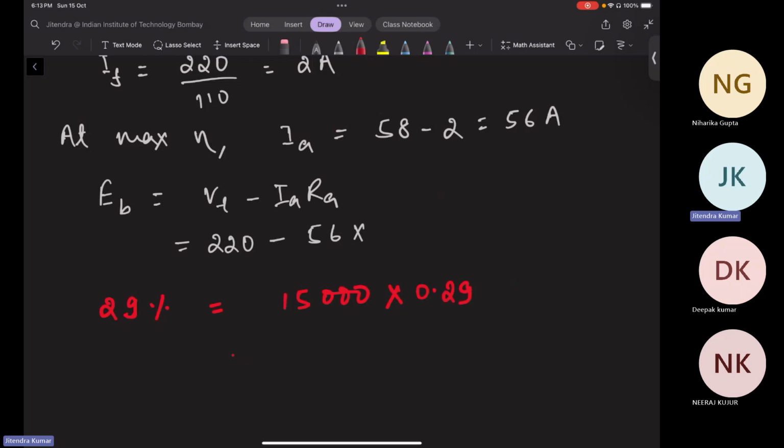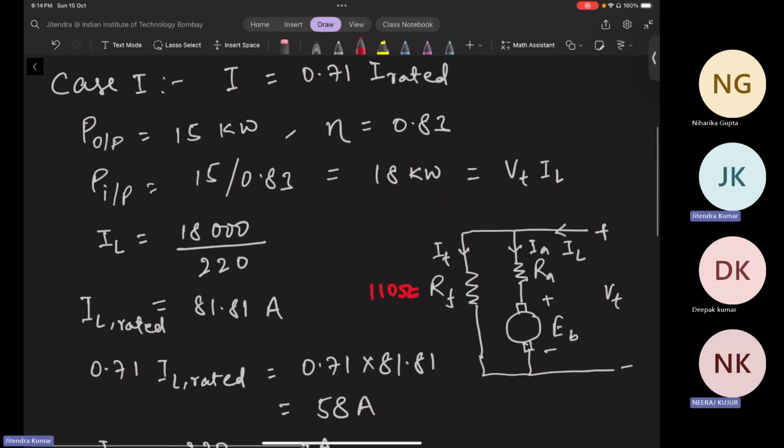So that will be the losses, right? 15,000 into 0.29, 4350 watts. 15 kilowatt was the output power, right? Input power also we calculated. So 18 kilowatt is the input power.